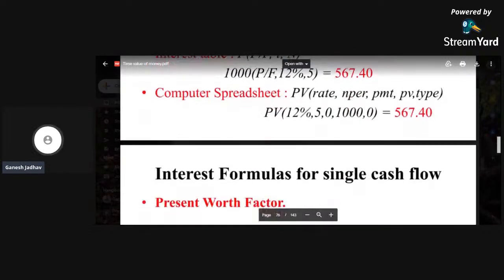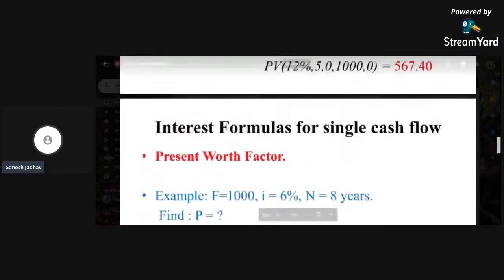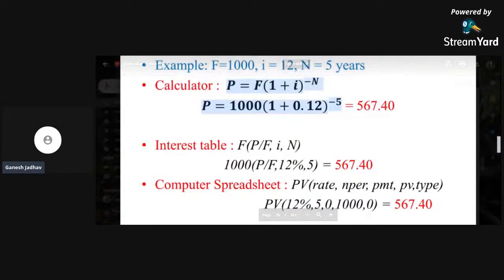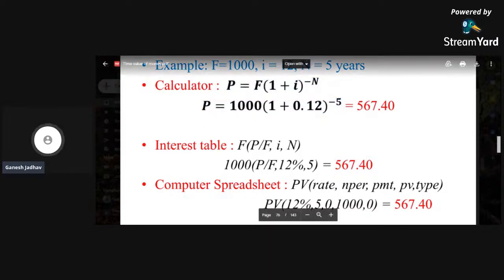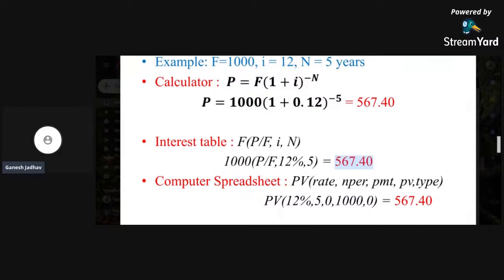This is very simple. You can calculate it with a calculator also, and take this value directly for this equation.